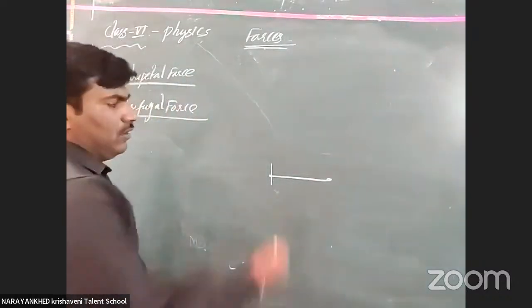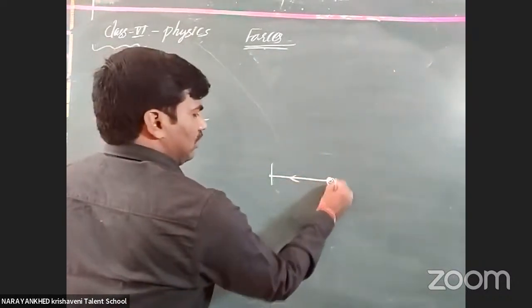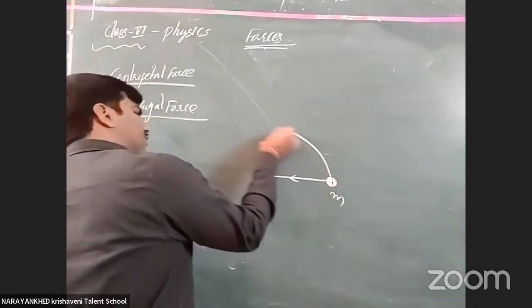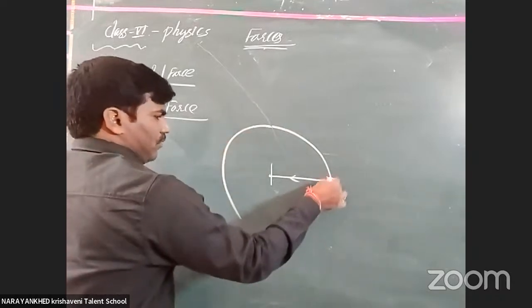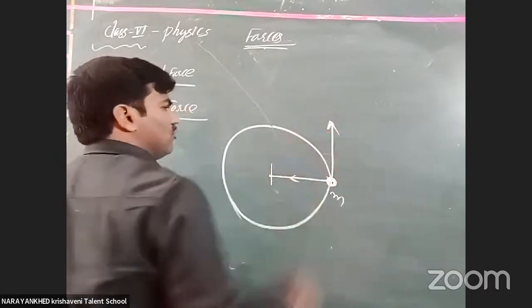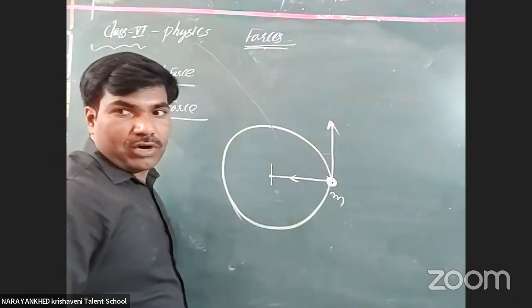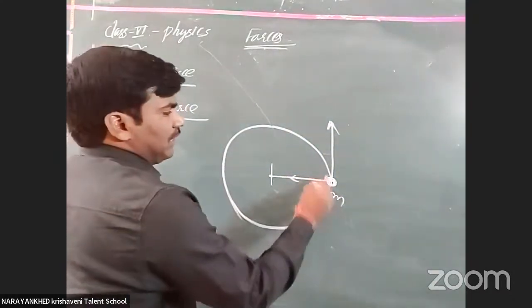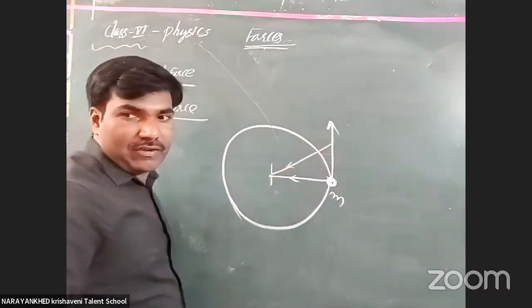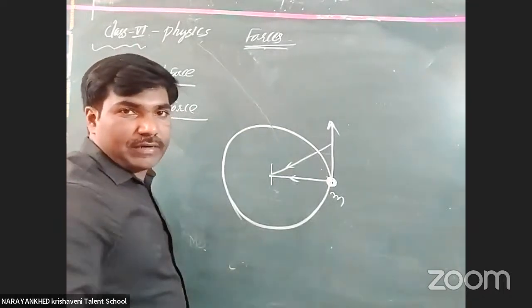Now consider one body of mass m. The mass m is moving in this particular direction, every time in this direction, but it is again attracted towards the center in this direction.